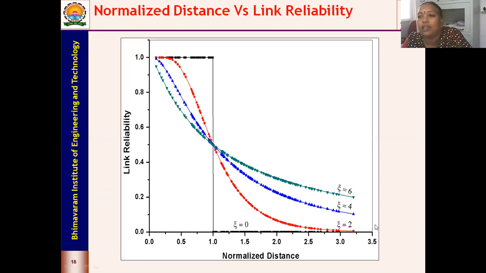So here, when psi is equal to 0, I see that the reliability is a constant up to a value of 1.0 normalized distance, and beyond 1.0 it is reducing. Though it is reducing, it doesn't mean the links are failing, but the links are called degraded links, and still they can perform the function which we want.